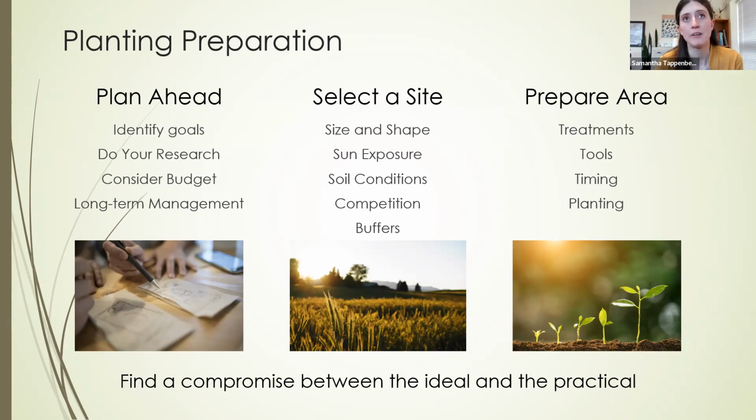I find it very helpful, in that planning phase, to take a look at your property as it stands right now. So, what does it offer in terms of existing plant community? What do you have for topography on your property? Do you have direct sun?